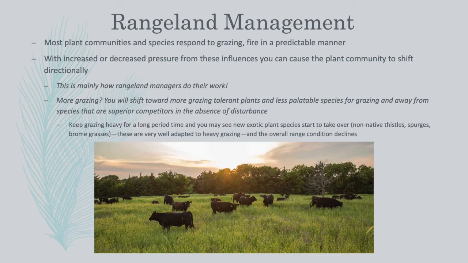And you see that the overall range condition declines, meaning the palatability for grazing animals declines. The amount of available biomass that's good for cattle or wildlife declines. So we have to basically manipulate the disturbance regime in order to shift things the way we want them to shift.